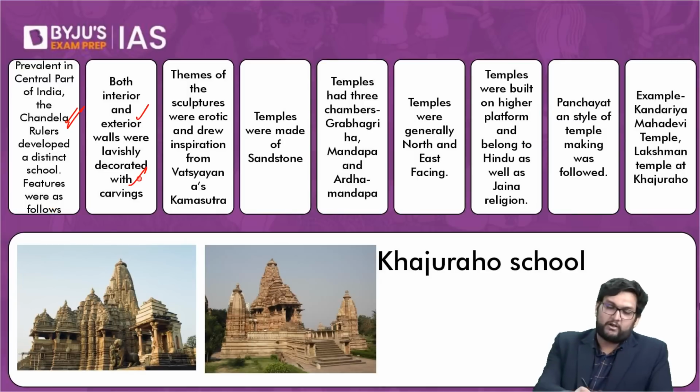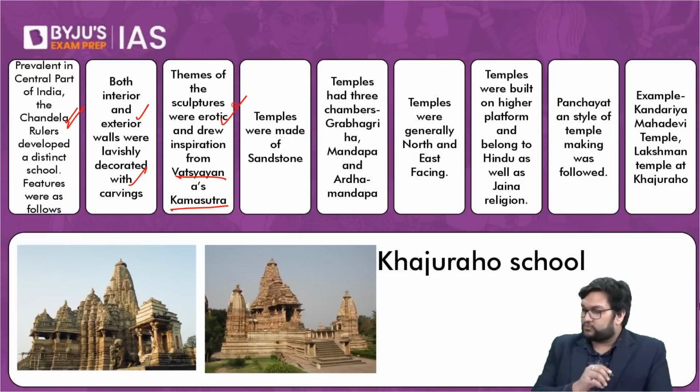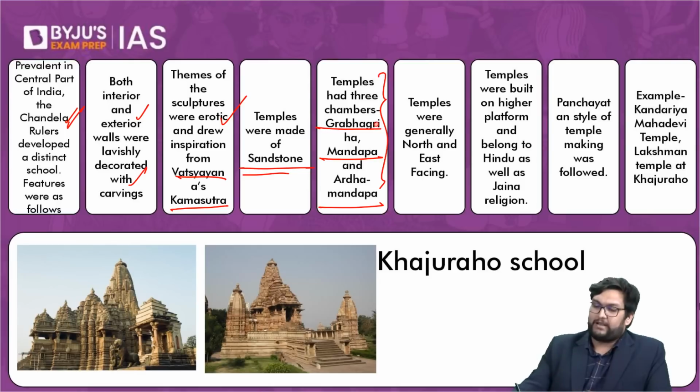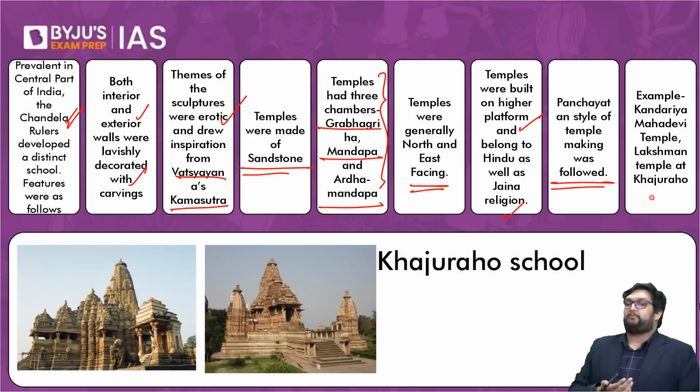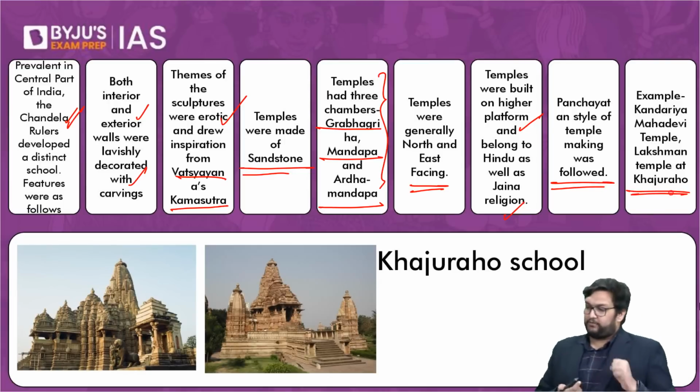Vatsyayana's Kama Sutra, eroticism is the basic theme. Made out of sandstone. The temples have a standard mandap, ardha mandap, garbhagriha, north and east facing, higher platform. Jain religion is also there. Panchayatan is also there. The Kandariya Mahadev temple and the Lakshmana temple at Khajuraho are examples of this.